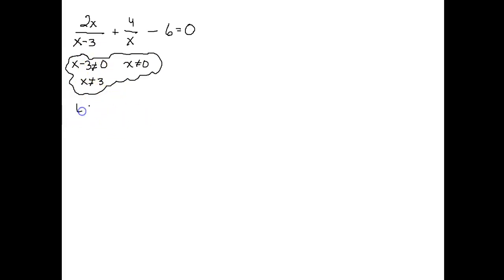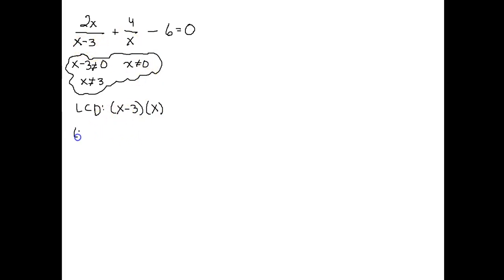All right, LCD. First fraction has x minus 3, and that's as factored as you get. And the second fraction has an x in the denominator. Then over here, minus 6 is like saying minus 6 over 1. So if we take all the different factors from the denominators and multiply them together, that's our least common denominator. So x minus 3 times x.